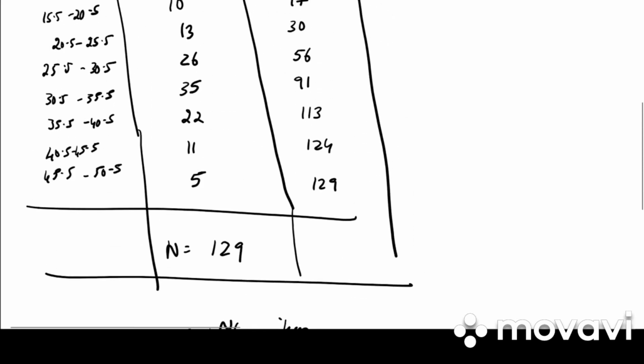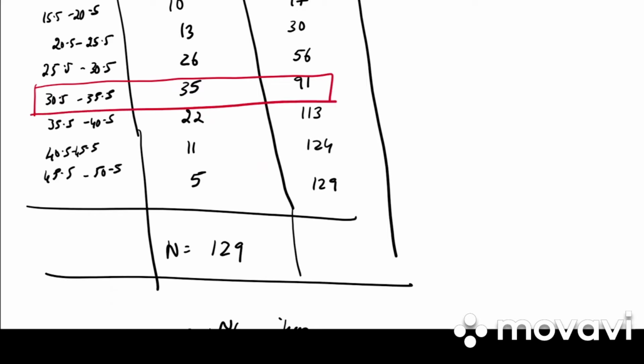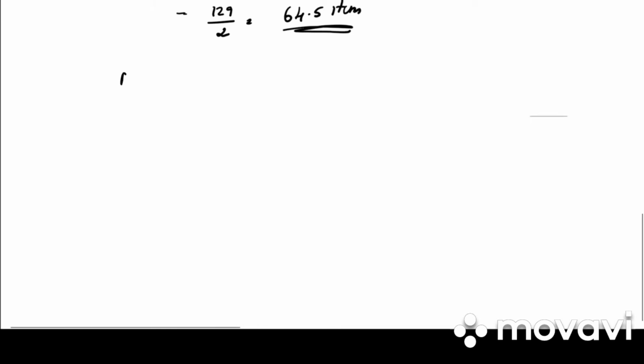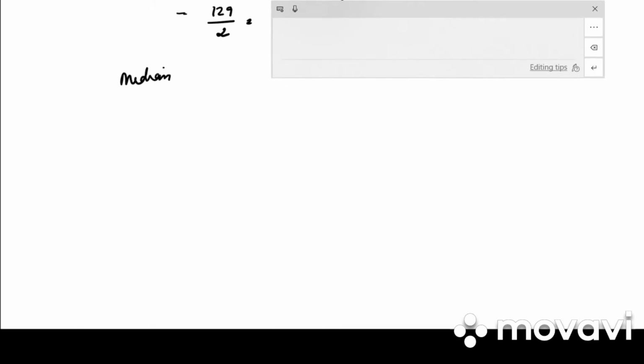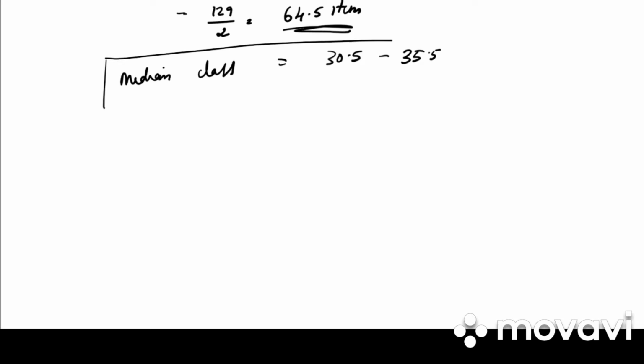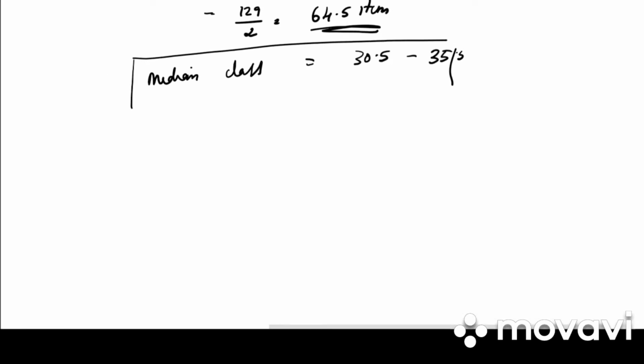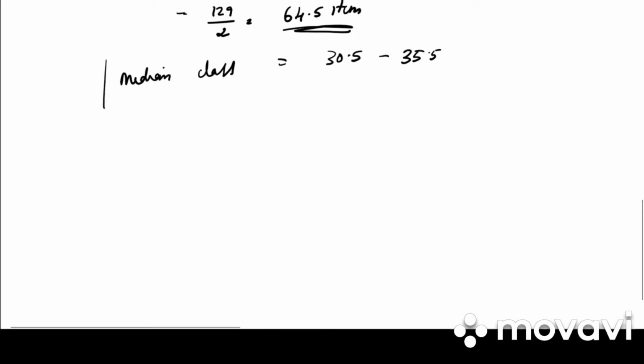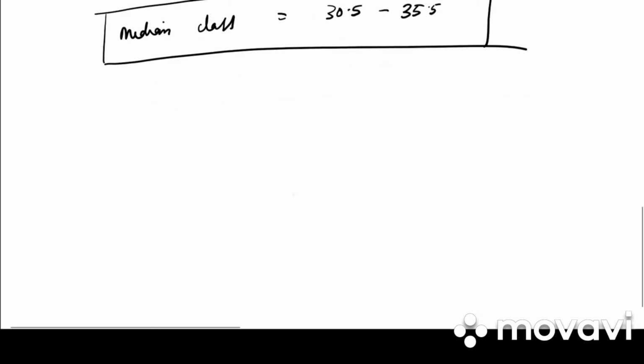Go to the table. Where do we find 64.5? It is 30.5 to 35.5. So median class is equal to 30.5 to 35.5. Right?